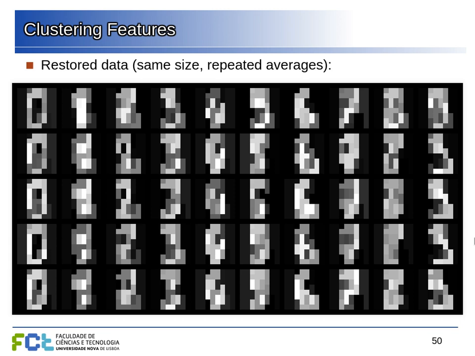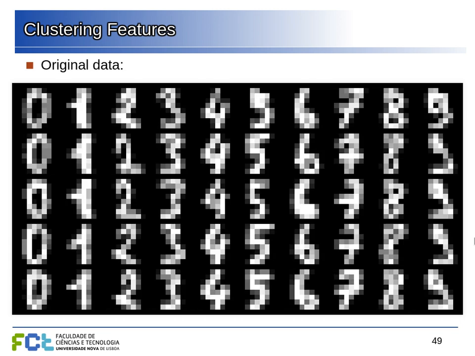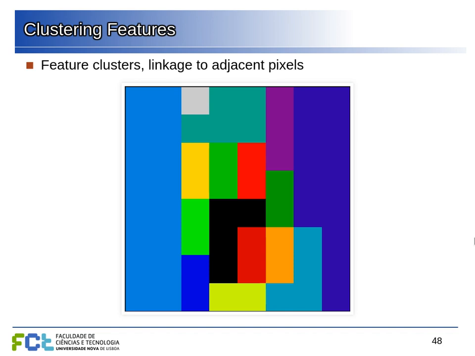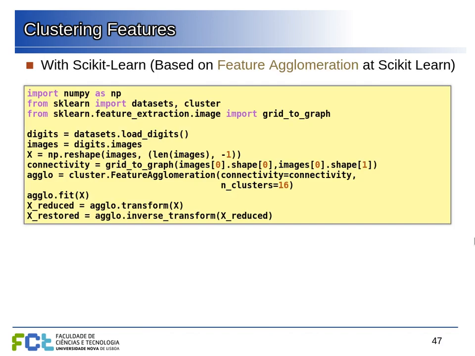In the linkage constraint? For this? So here, when you use grid to graph, you give the shape of the grid, and it will return a matrix which indicates with a 1 the coordinate pairs that are adjacent. So basically, if you have this, this is 8 by 8, so it's 64 possibilities.